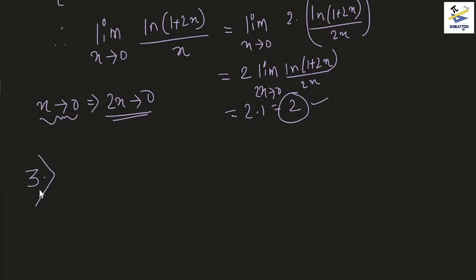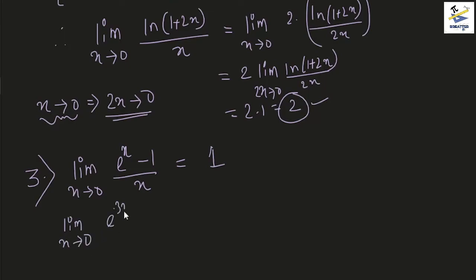Number 3. We can write another formula here: limit x tends to 0 of e to the power x minus 1 by x is equal to 1. This is another formula, and obviously if you had something like limit x tends to 0 of e to the power 3x minus 1 by 2x, let's say, and if we were to evaluate this, we need to get it to this form. The power of e and the denominator must be the same, and we have the minus 1 as well, so this should be 1 given a proper adjustment.